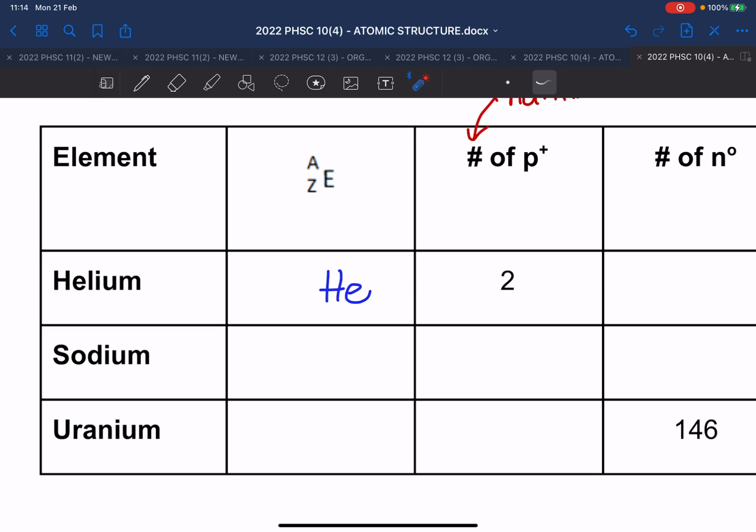And what is the mass of helium? 4. So the bottom one is the atomic number. What is the atomic number of helium? 2.